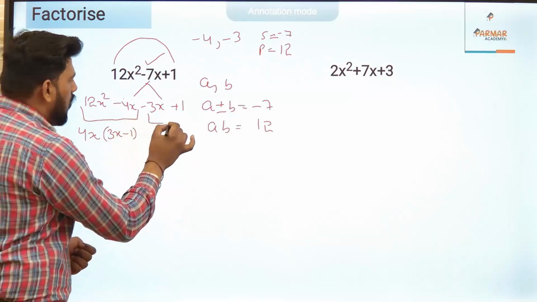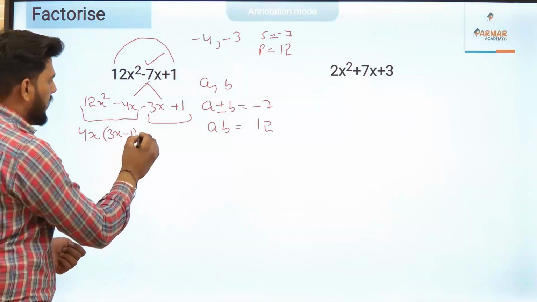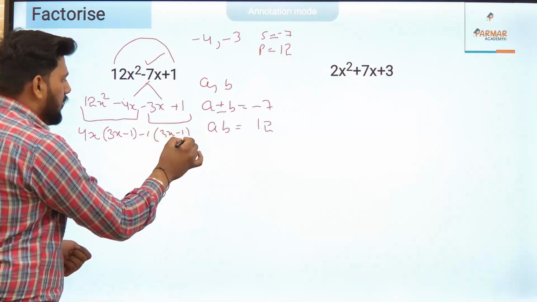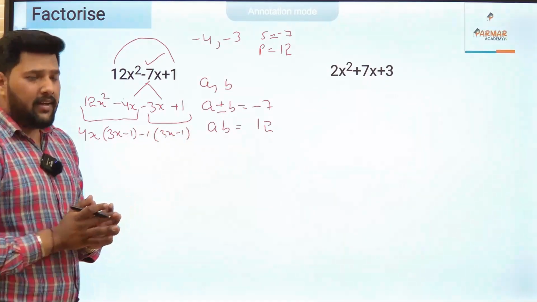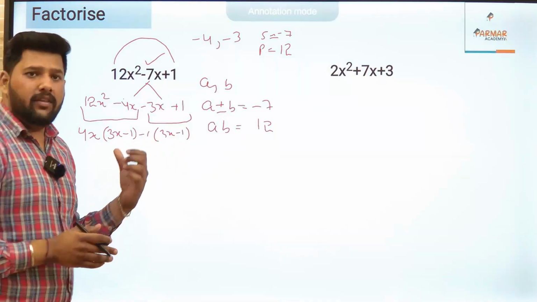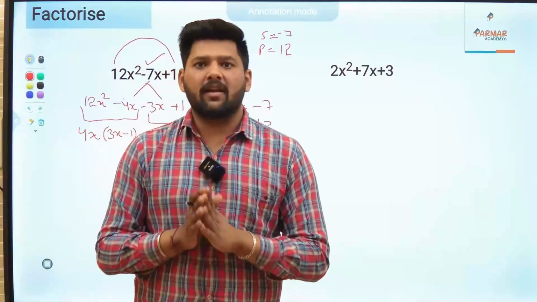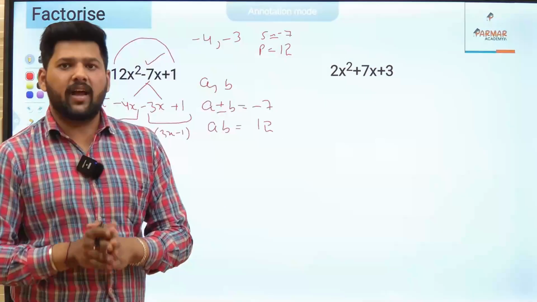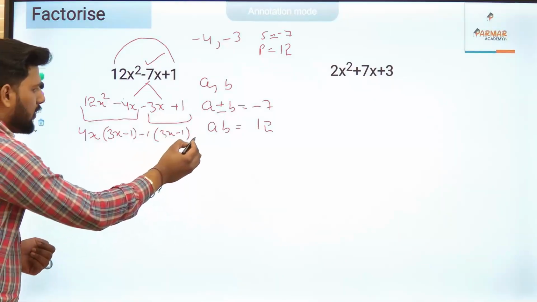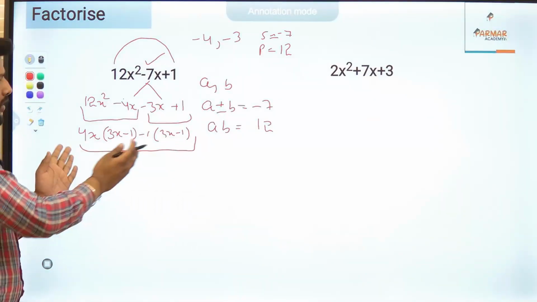Again, now what is common from the last two terms? That is minus 1 only. 3x minus 1. One important thing is that these two factors are always the same. Means if these factors are not the same, that means your solution has some problem in the upper steps. So next, what is common from the whole expression?